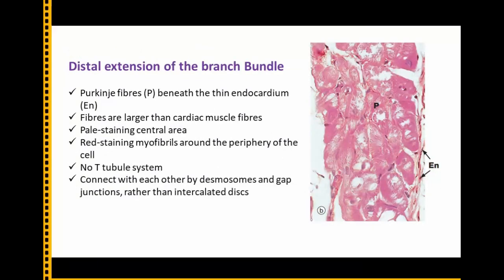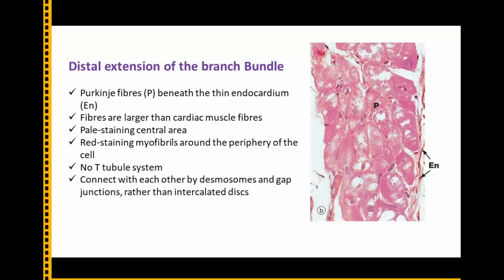Then this one is a branch bundle with a distal extension. There is a pale central area and a more densely staining outer peripheral area. These Purkinje fibers are usually much larger than the cardiac muscle fibers.